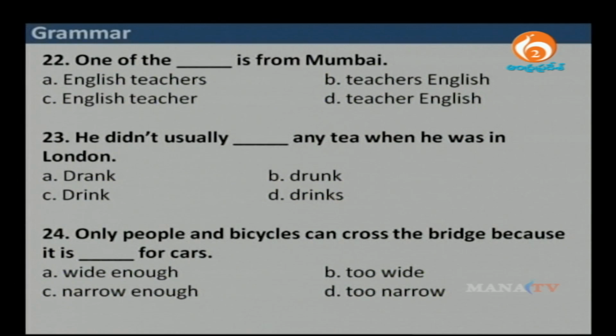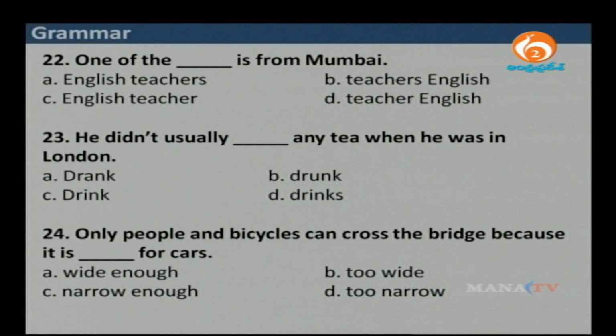Likewise, in this particular question, number 22, one of the English teachers, there are multiple English teachers, but one from those multiple English teachers is from Mumbai. So 22A is the correct answer. All right. Number 23, he didn't actually dash any tea when he was in London.